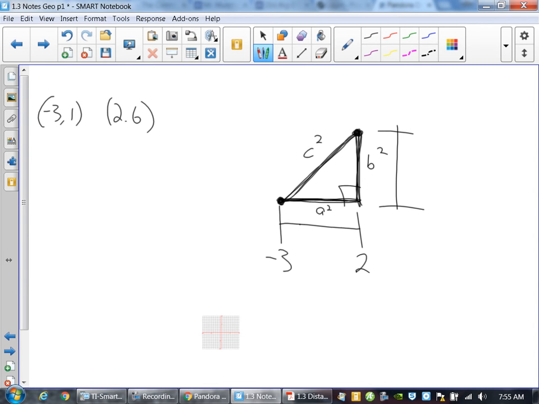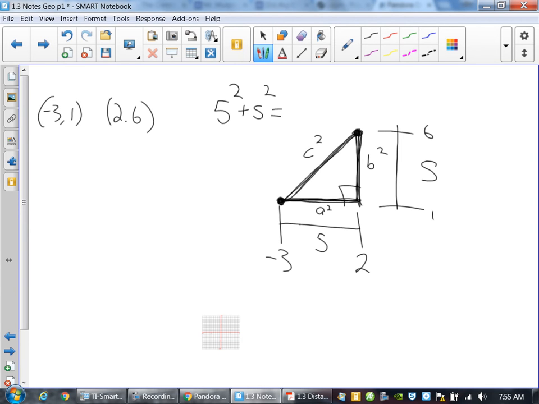They're 5 apart. So the horizontal distance here is 5. If the vertical distance is between 1 and 6, how far apart is that? 5. So I could take 5 squared plus 5 squared, and what do I get?